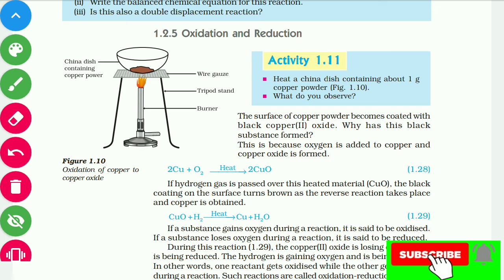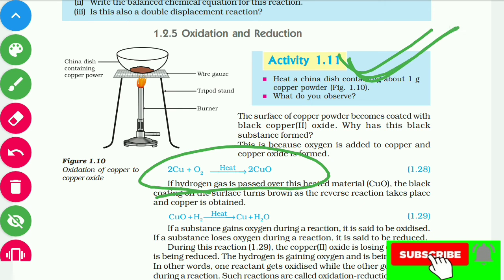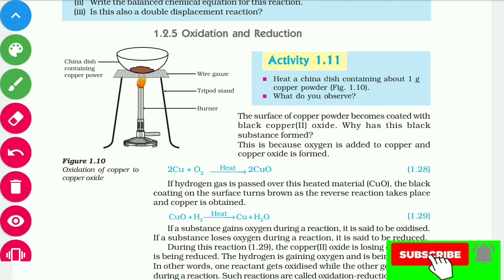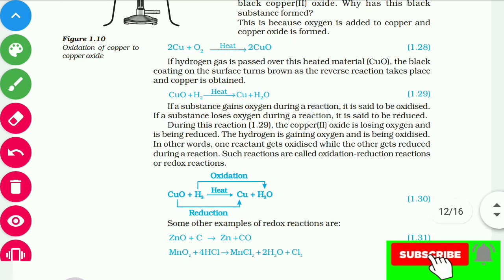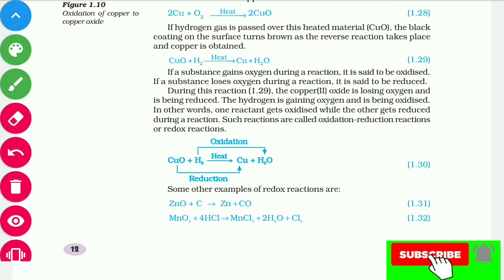Where oxygen is added to an element, this is called an oxidation reaction. And you notice one thing, that oxidation and reduction go on simultaneously. If one element is oxidised, then the other is reduced.